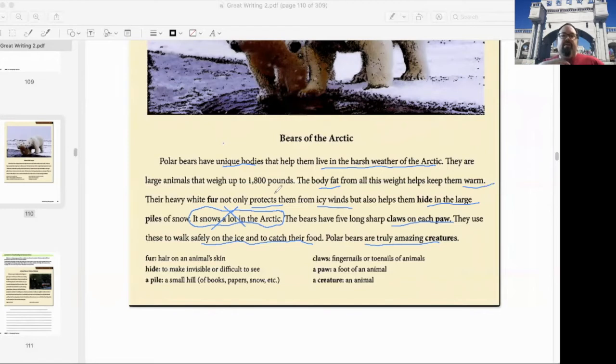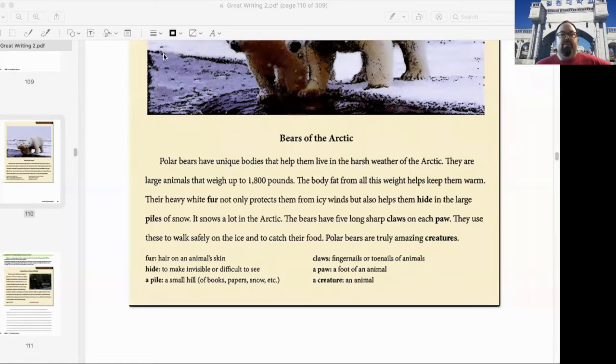We know that there's harsh weather, and it is related to the weather of the Arctic, but it has nothing to do with polar bears or their bodies or how their bodies help them. So we could get rid of that sentence. Okay, plus it says here, help them hide in large piles of snow. If they're large piles of snow, we already know that it snows a lot in the Arctic. This is not necessary.